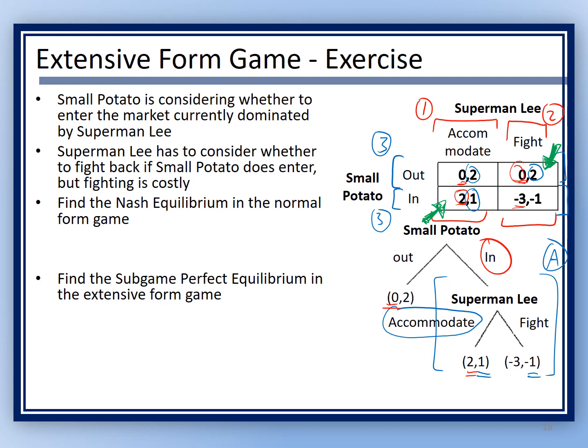In the end, you have two pure strategy Nash equilibria in the normal form game, namely out, fight, and in, accommodate.